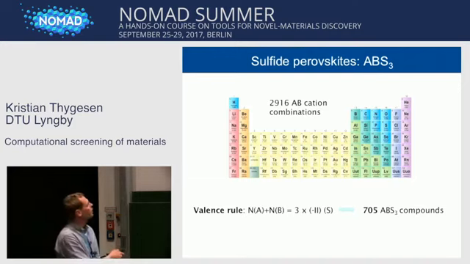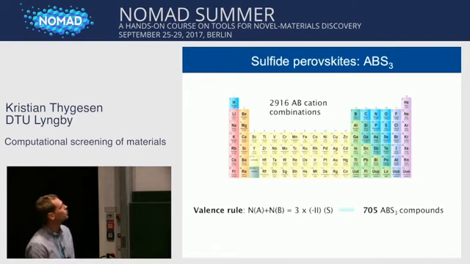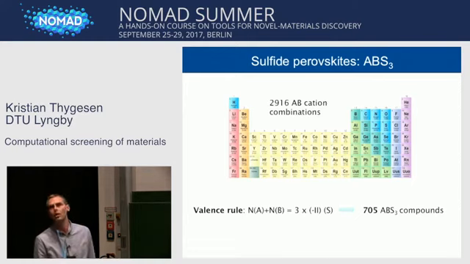Okay, so if we also incorporate the valence rule here, so we say that the oxidation states of the A and the B atom have to sum up to 6, because sulfur will usually take 2 electrons, and we have 3 of them, so they have to sum up to 6 here, and then we are down to 705 compounds that satisfy this rule here.